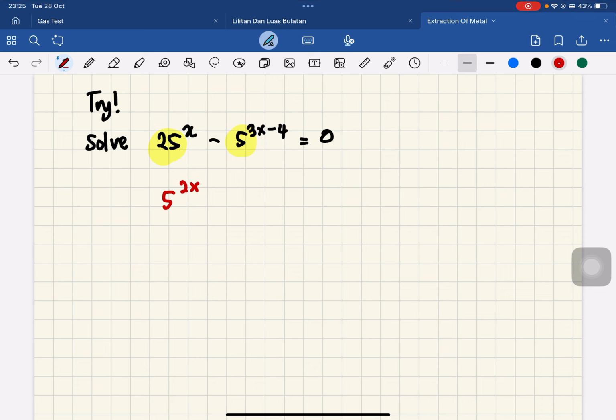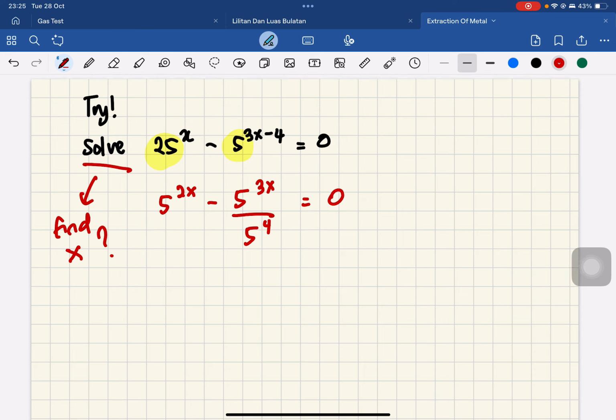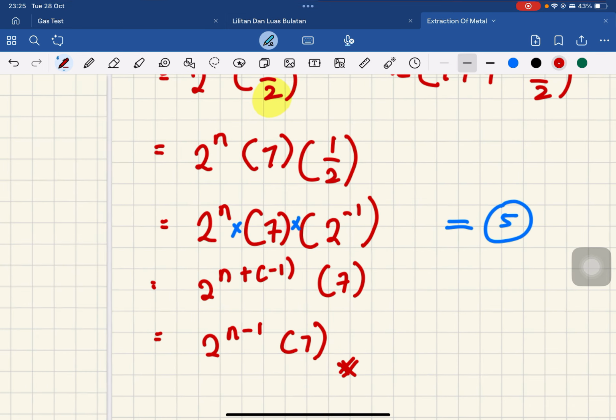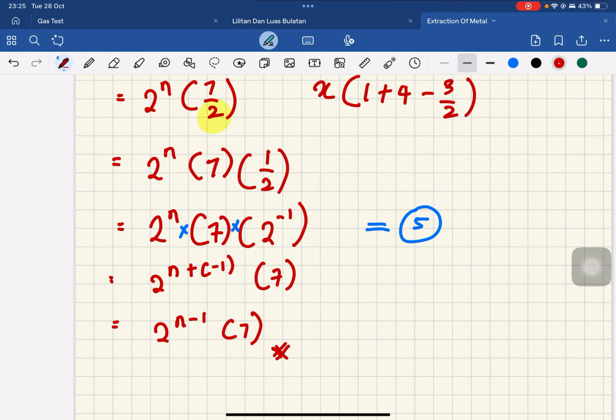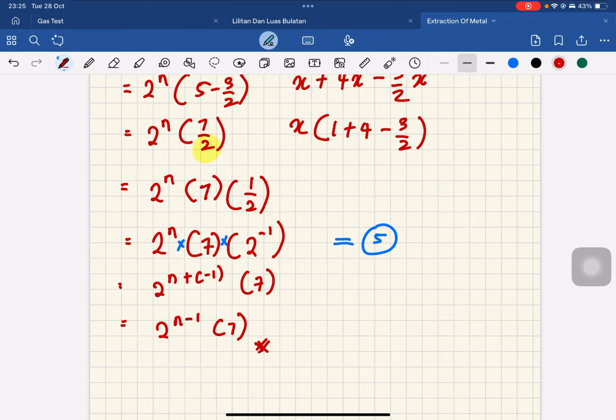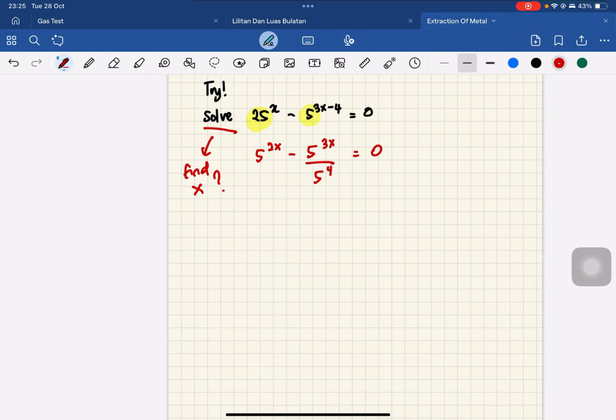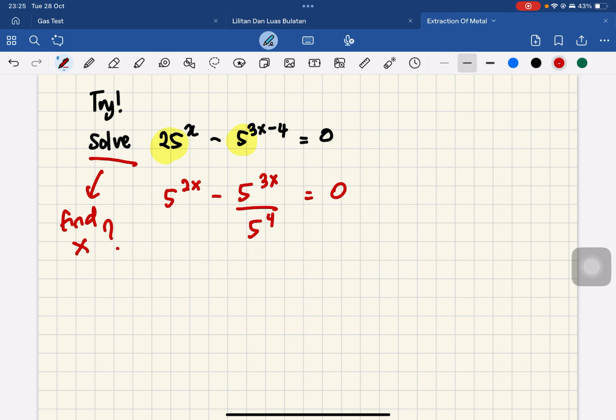Copy back the x and then minus 5 power of 3x divided by 5 power of 4 equals 0. Now before that, if the question asks to solve, solve means we want to find the x. It's different from simplification. With simplify, you don't expect a value at the end of your working, so you can leave your answer like this. But if solve, your final value must be a number.